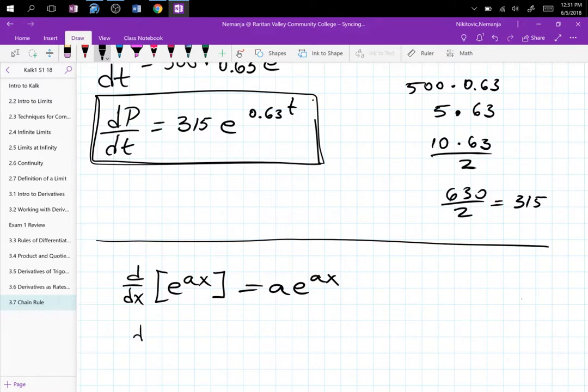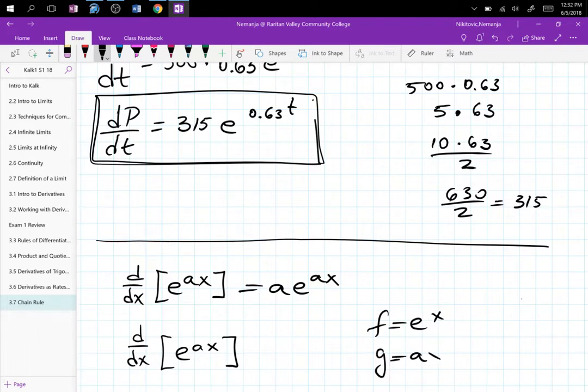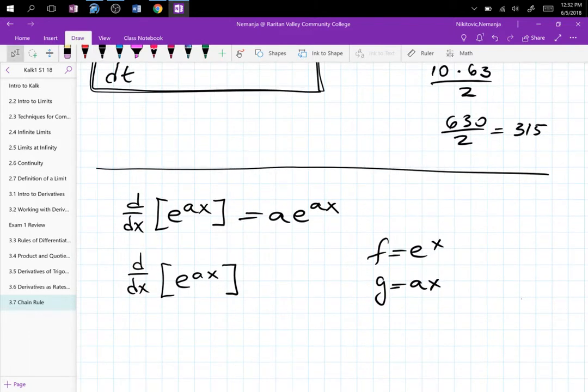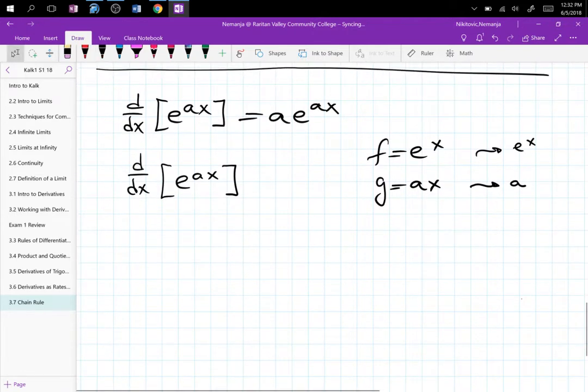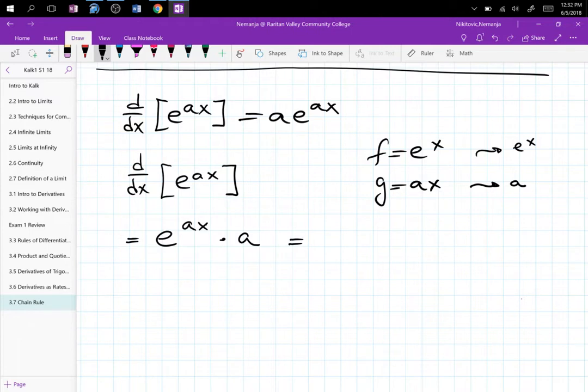If I'm looking at the derivative of e to the ax, I'm having f as e to the x and g as ax. Now the derivative of the outer is e to the x, and the derivative of the inner is just a, because the derivative of x is 1. So all I need to do is put this together by saying the derivative of e to the x is itself with g plugged in, so e to the ax, and then times a, which is g prime. So I'm getting a e to the ax.